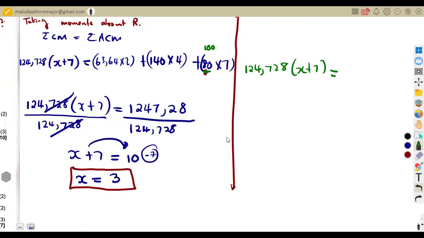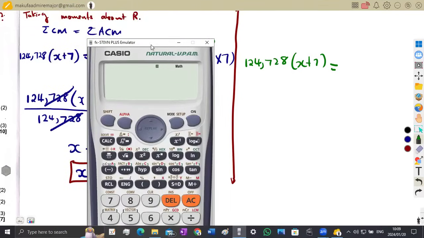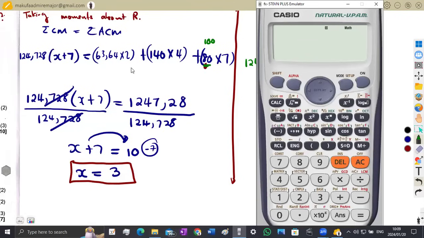So that will be 63.64 times 2. Let me just show you the screen. Let me have it together with you here on our calculator, because I never used this 100. I just worked with 80. I prepared my class with 80, but I want us to see what's going to happen. So we've got 63.64 times 2 plus 140 times 4, plus this is going to be 100 now times 7.